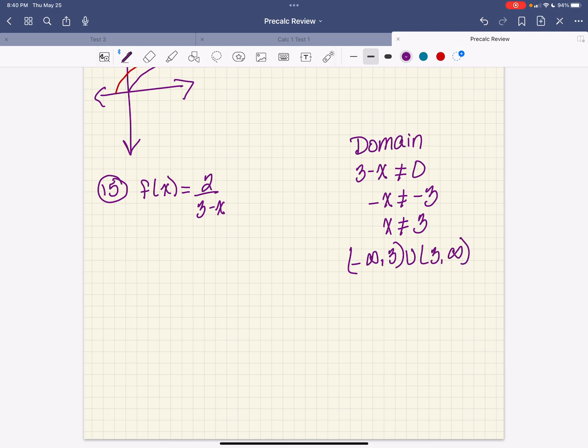Now, my range. If you think about the graph, you might think, wouldn't my range just be all real numbers? Because this is going to have a vertical asymptote right here, and so it's going to go to infinity in both directions. That is a reasonable way to think about it, except that there is a value that is going to be excluded from the range.